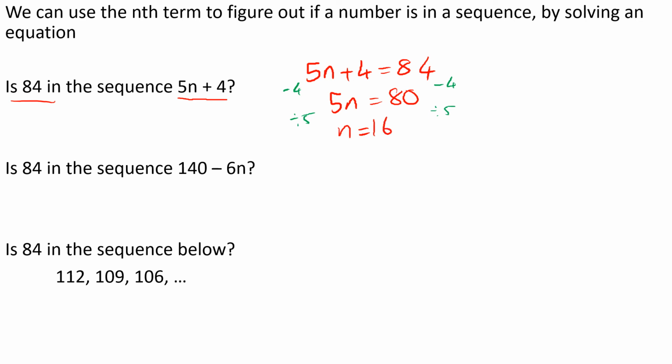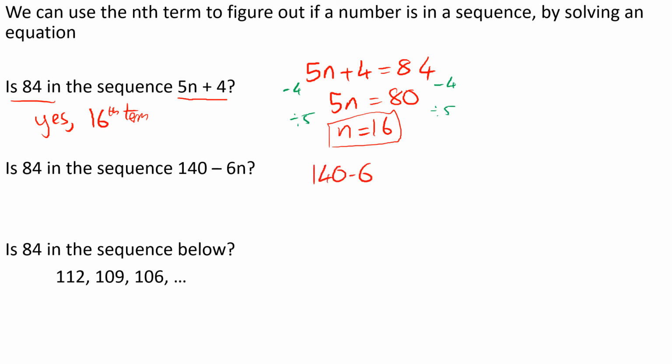Now I've ended up with a whole number for n there, which tells me that 84 is in the sequence. And what I found specifically is that it's the 16th term. If n was like 16.3, well, I can't have a 16.3rd term in my sequence, so obviously that wouldn't be there.